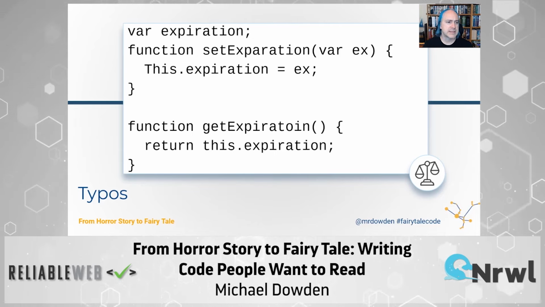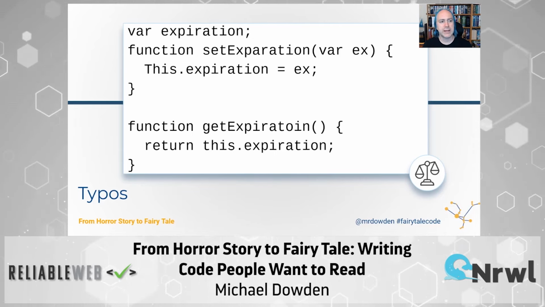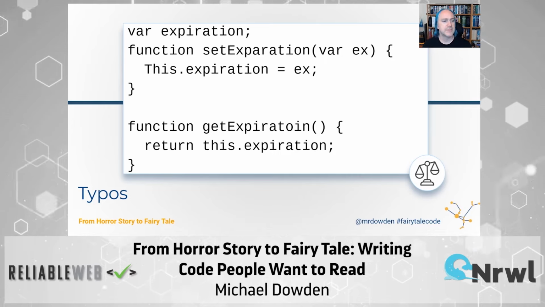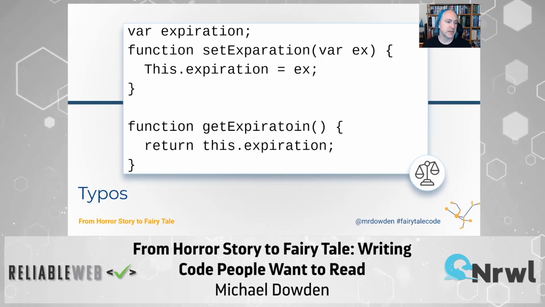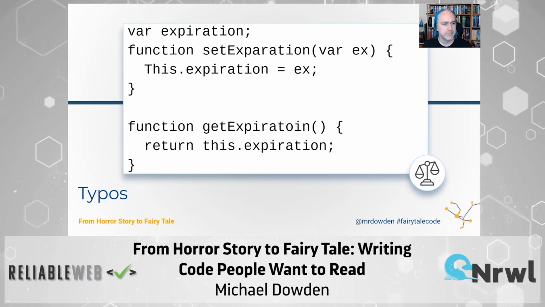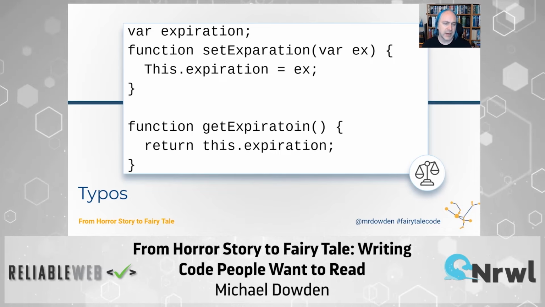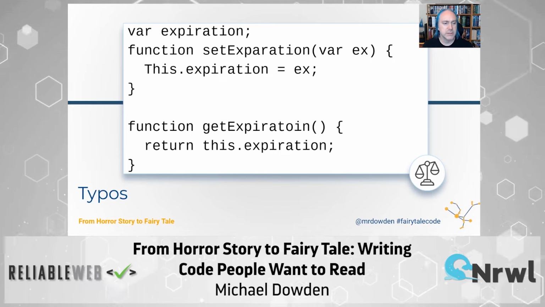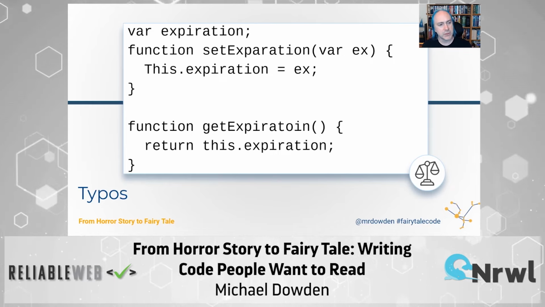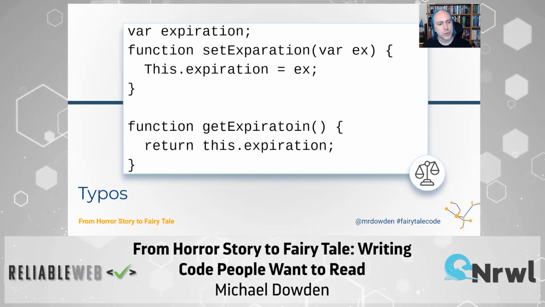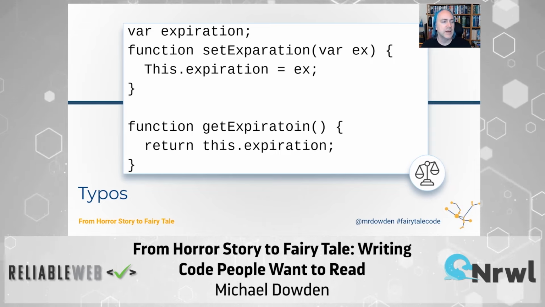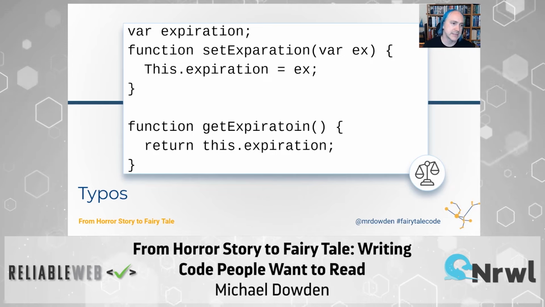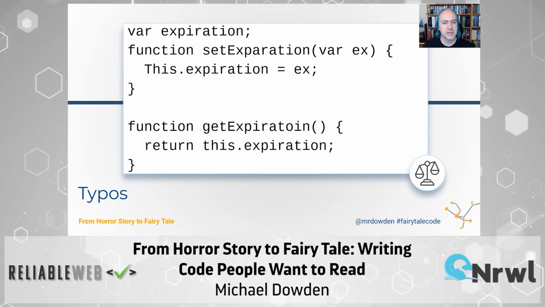Here is an example of why typos might be bad, right? In this particular case, you see at least three different spellings of the word expiration. I don't want to pick on anybody for spelling, but the problem is that if I were going to try to find all the places in my code that expiration exists, I would have a hard time doing that.